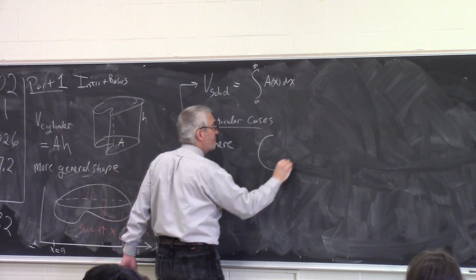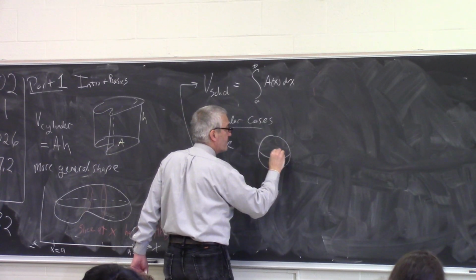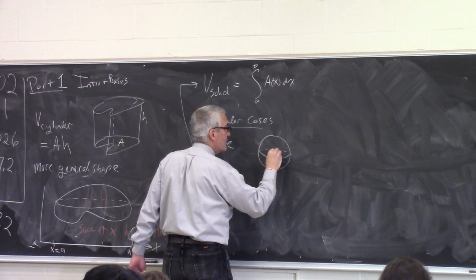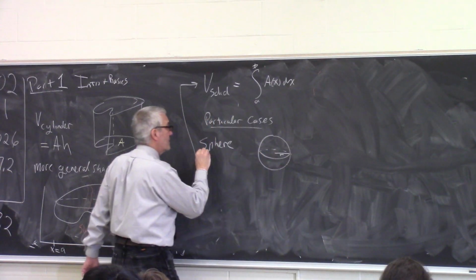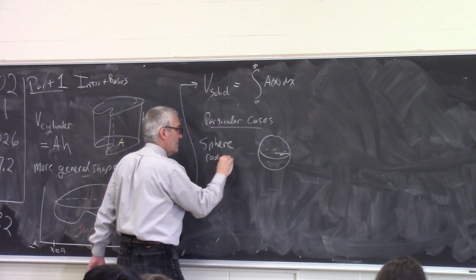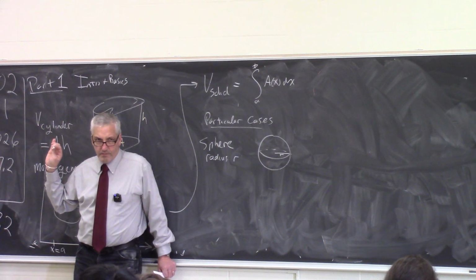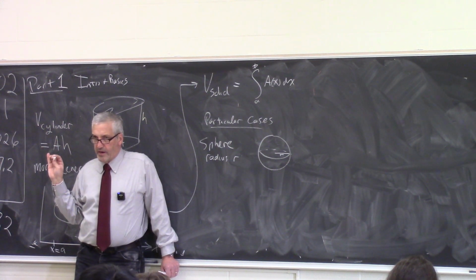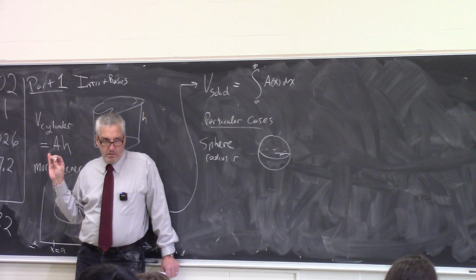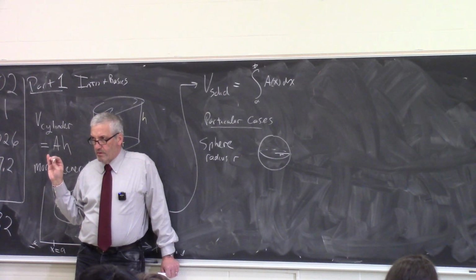So suppose I have a sphere of radius r. Who remembers what the volume for that is? Raise your hand if you know. Really? Come on, somebody's got it. Yeah.